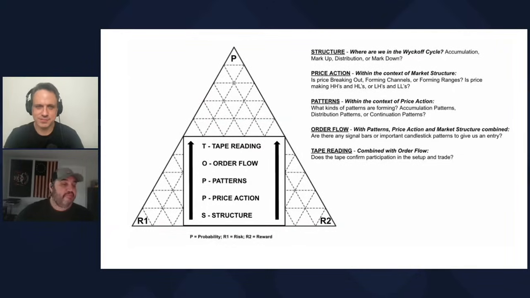Once we like a pattern within a price action segment within a structure, we look at the patterns the market is forming: bullish patterns, bearish patterns, reaccumulation patterns, etc. And we start to look at the order flow in the tape to verify the strength and enter our trades. Ultimately, tape reading is the last sort of magnifying glass to make sure we pass the smell test.